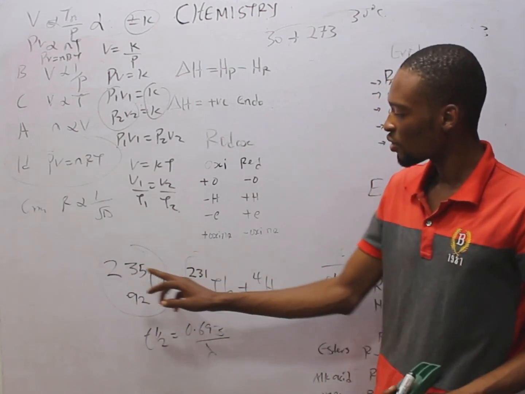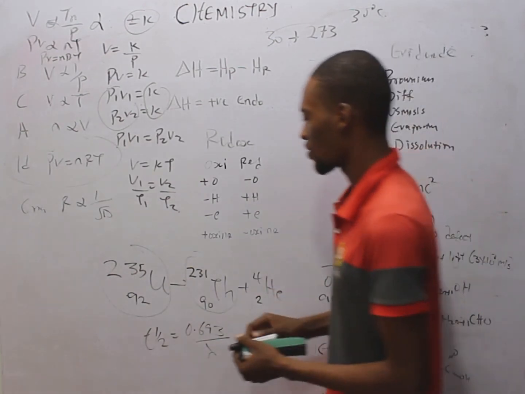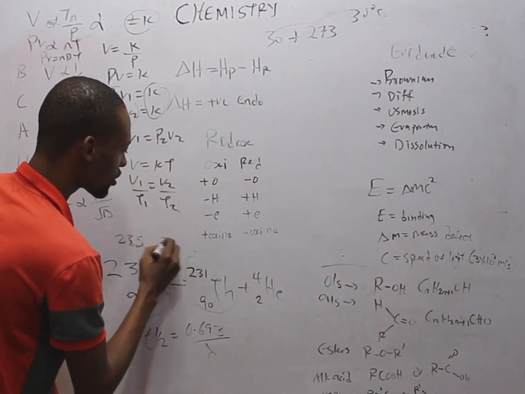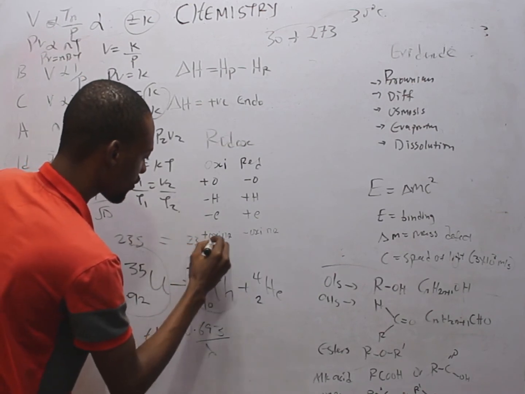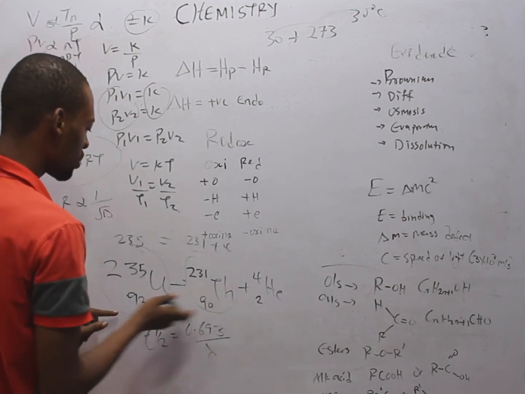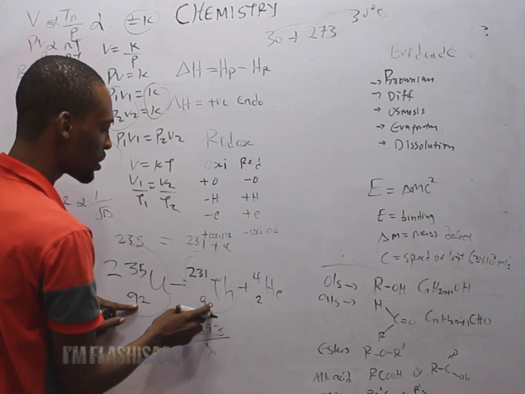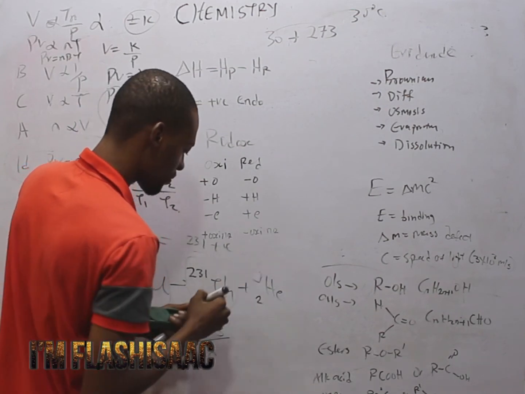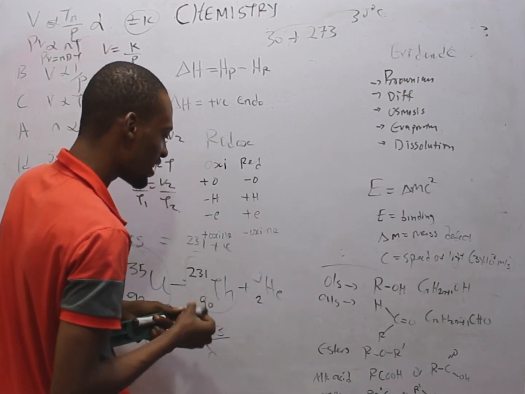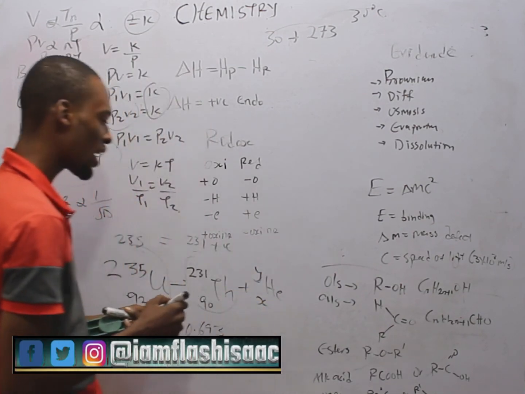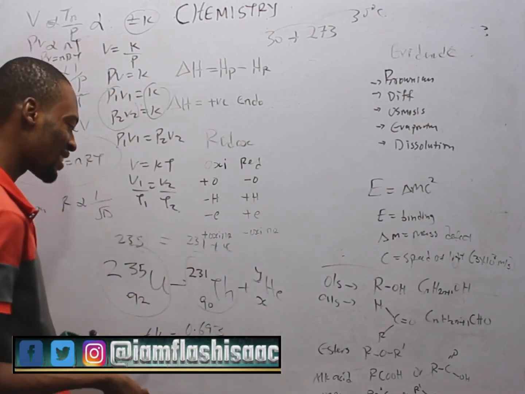Look at it: 235 is equal to 231 plus 4. It has given off 2 protons, so it becomes 90. In some cases, they will say let this be Y, and put S here, and they will ask you to look for Y and S.